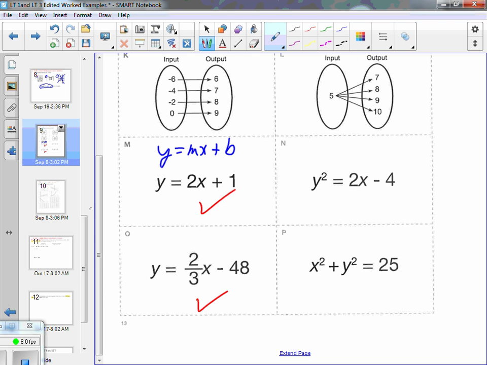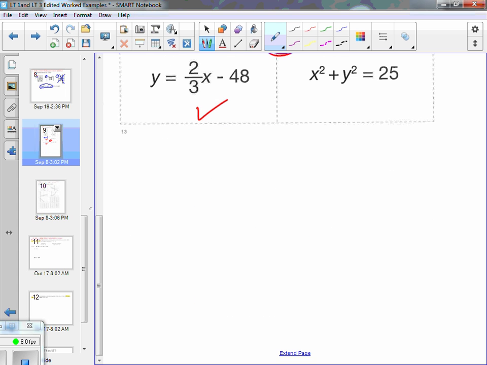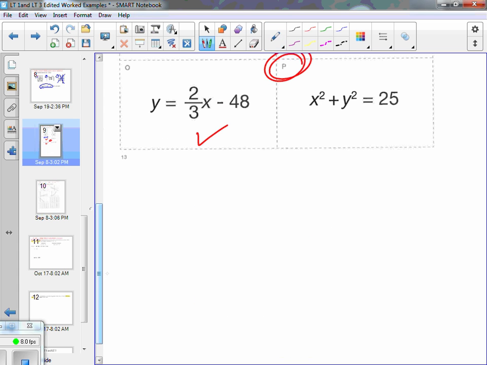But now, when we get to things like n and p, let's look at p first. Look at p down here, okay? If I used, let's say, 5 for x, or I used -5 for x, when I solve this thing for y, I'm going to get the same y.